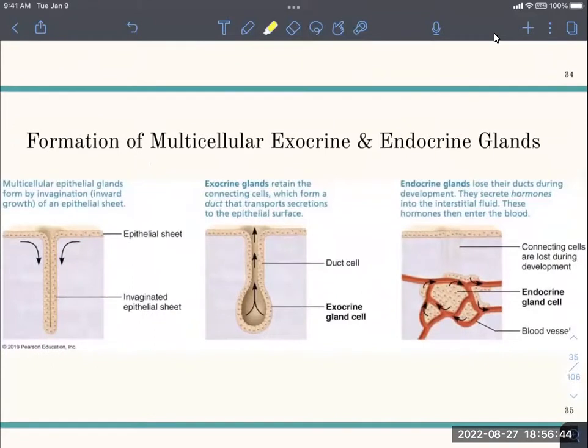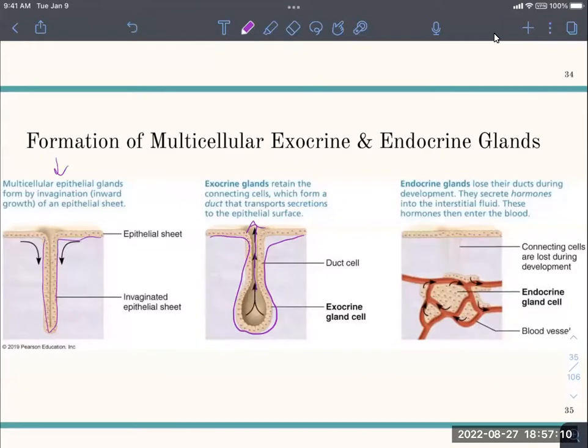So here's multicellular, this first picture here. These cells invaginate down and they produce some kind of secretion. Here's another one. They have an invagination down again. They have a duct that transports their secretions out of the cell.